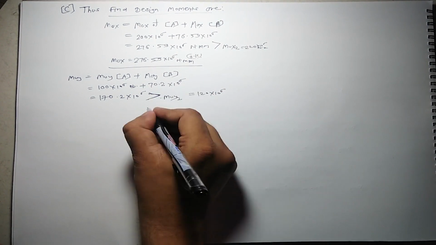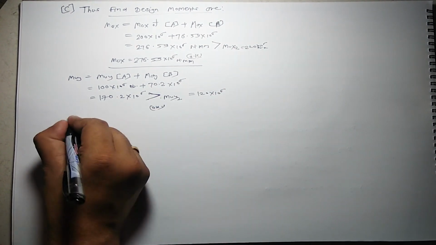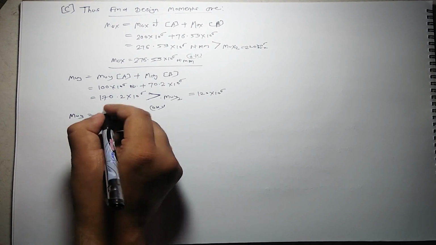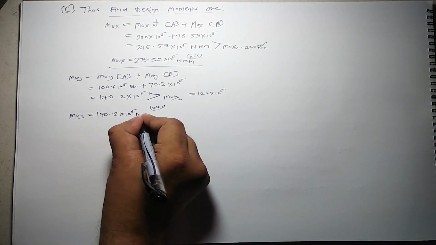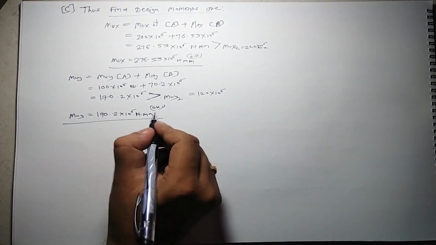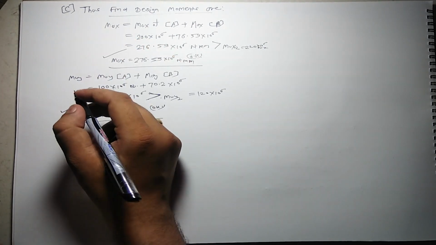So it is greater, so it is okay. So your Muy equals 170.2 into 10 to the power 6 Newton mm. Okay, so this we have calculated.